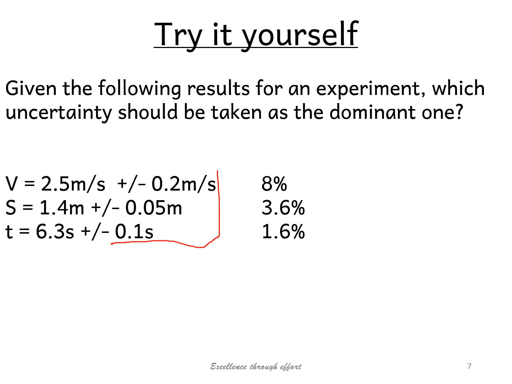And you actually remembered you had to convert them into percentage uncertainties. So in this case here, the actual dominant uncertainty is 8%. So this would be the one that we would take as the overall uncertainty. If any of that wasn't clear, just rewind the video and then just review the concepts again.